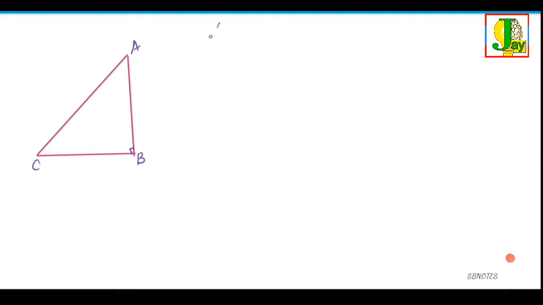So we are taking a right triangle, which means there is at least one right angle, 90 degree. Now let us take one of the other two angles as theta.